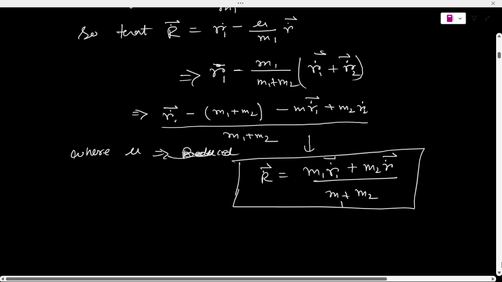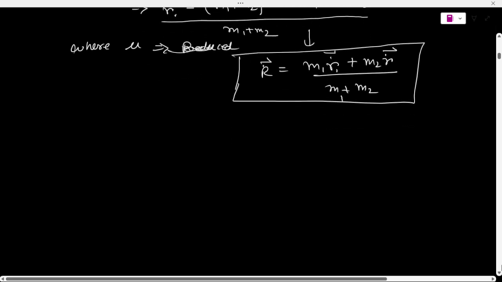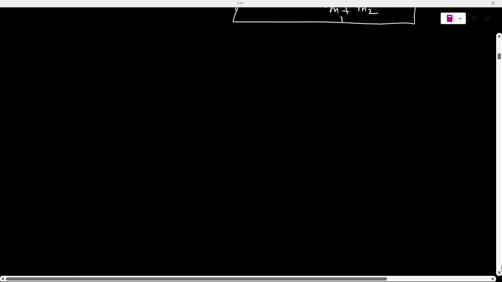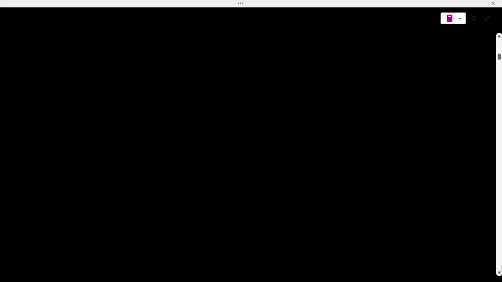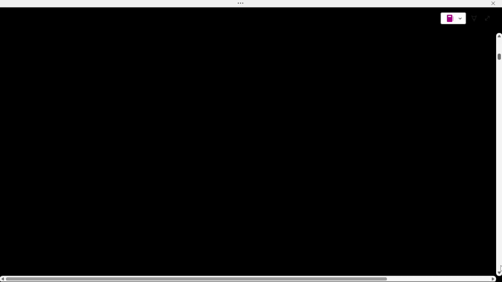Okay. So the relation between the different quantities in the laboratory system and the center of mass system in classical mechanics, what will it be?